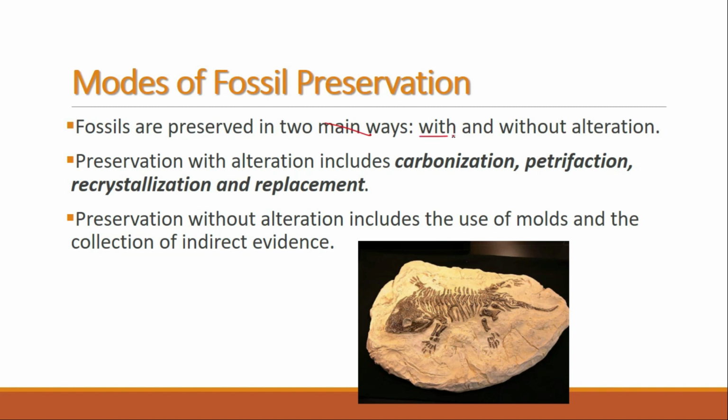First one, with alteration, and the second one, without alteration. Now what is this with alteration and without alteration? When you talk about fossil preservation with alteration, there is some change in the chemical composition of the organic matter, the matter which is going to be preserved.